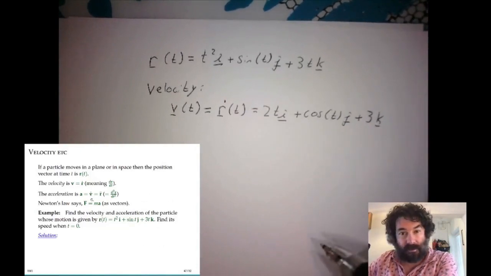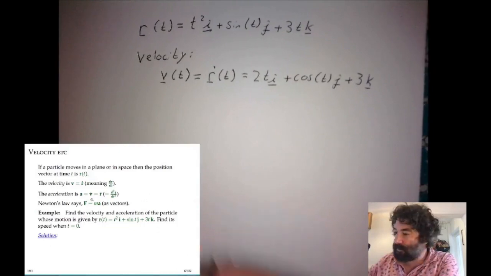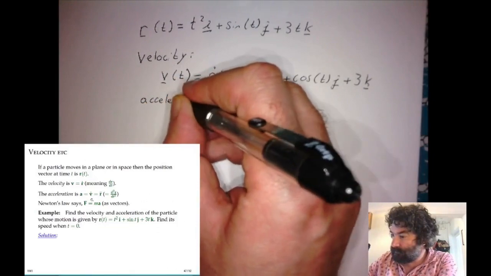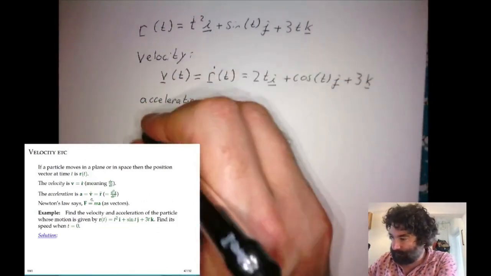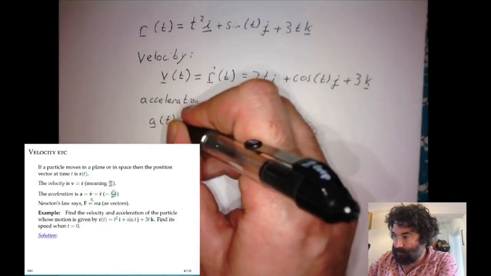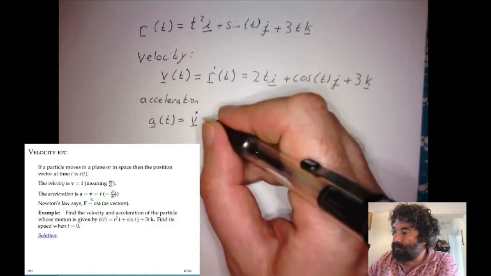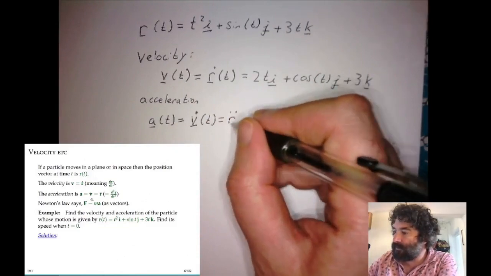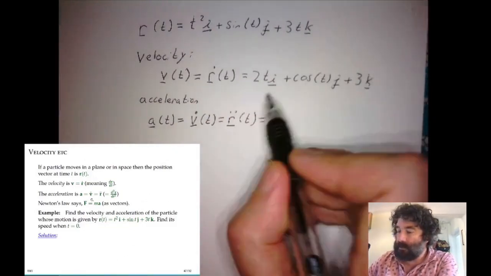This is the velocity. Now let's also calculate the acceleration, which is the derivative of the velocity, the change in velocity with time. So the acceleration, also a function of time, is the derivative of the velocity, or equivalently the second derivative of the position vector. Here's the velocity vector.